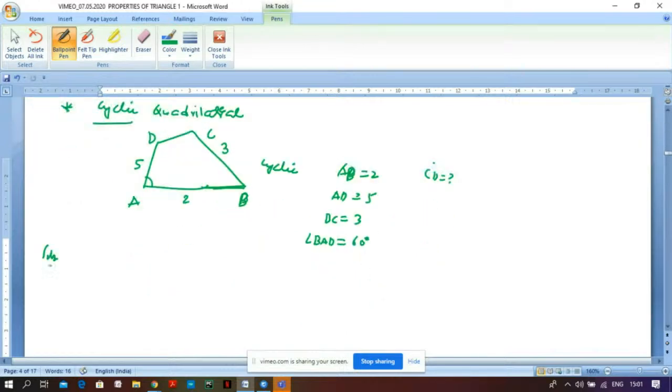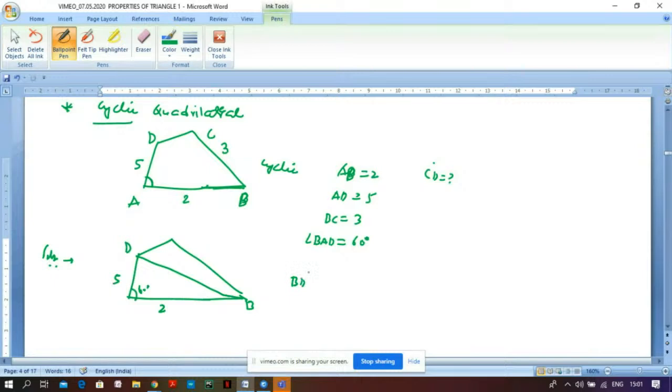So let's start now. First of all, the moment we know this 2, 5 and the angle between them, I can quickly find BD. So first of all, I will just draw this diagram again, and I'll observe that BD is immediately known. That's the plan. This is 60 degrees. This is 2 and 5.